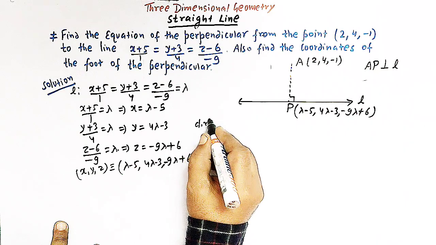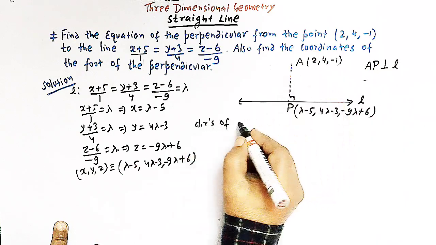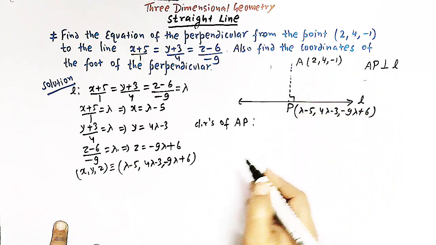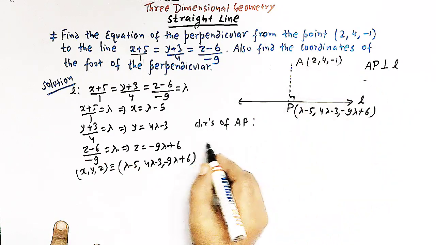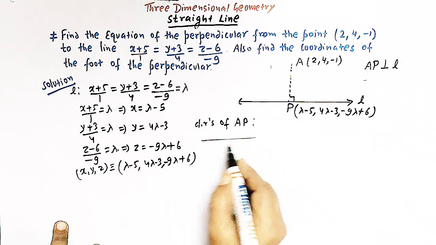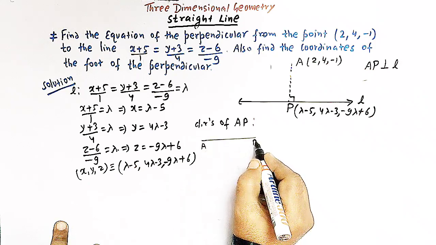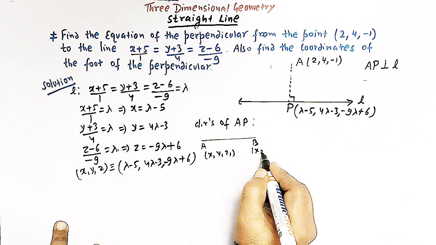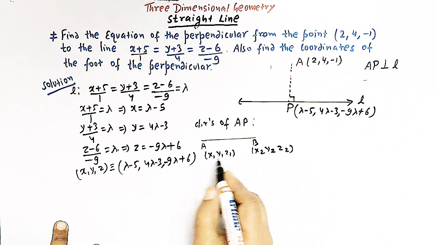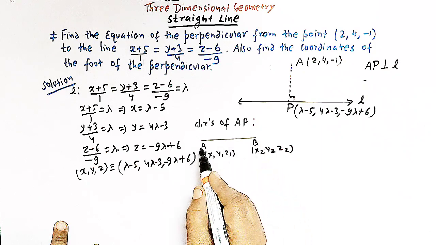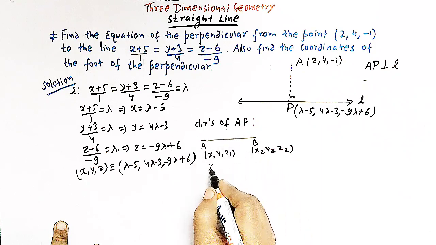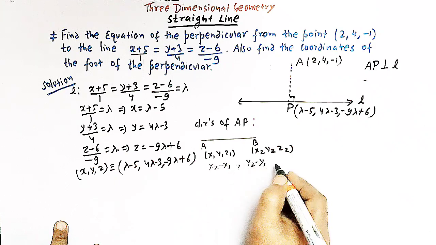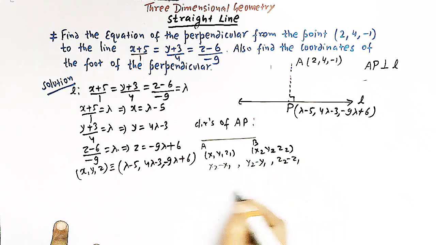The DRs of the line AP can be obtained by subtracting these coordinates, because we know that if we have a line and two points, say A and B, where this point is x1, y1, z1 and this point is x2, y2, z2, then the direction ratios of AB are given by x2 minus x1, y2 minus y1, and z2 minus z1, right?